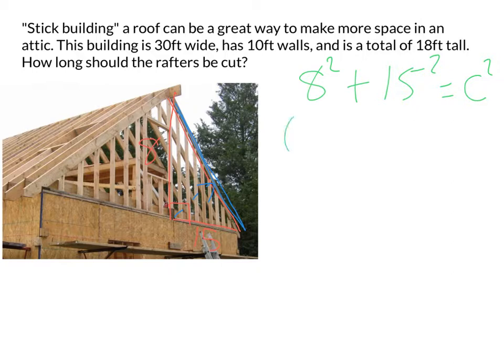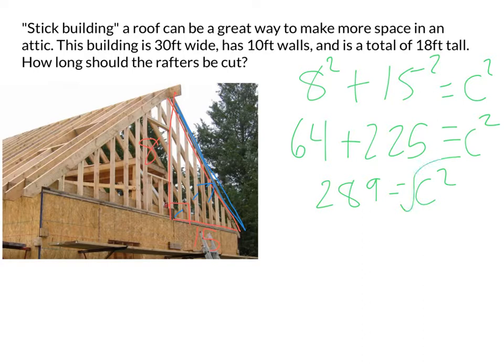I'm going to have 64 plus 225 equals c squared. All right, so far so good. Now, what do we do next? Well, we add those together to get 289 and square root it. And if I square root that, I'm going to get 17.